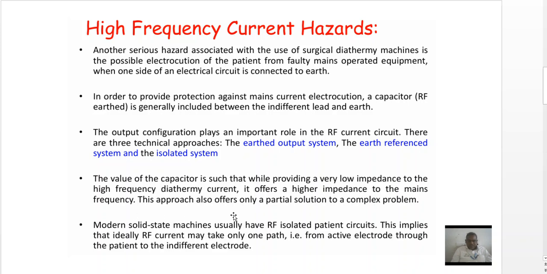This approach offers only a partial solution to the complex problem. Modern solid-state diathermy machines usually have isolated patient circuits. This implies that ideally RF current may take only one path, from the active electrode through the patient to the indifferent electrode.